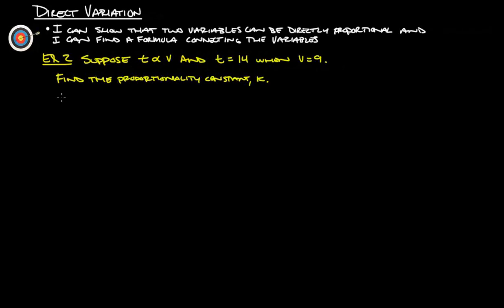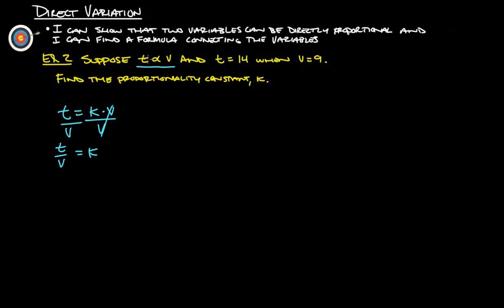Let's take a look at example 2. Suppose t varies directly with v and t equals 14 when v equals 9. Find the proportionality constant k. If t varies directly with v, then t equals our proportionality constant k times v. To find k, we divide both sides by v. So for direct variation, the proportionality constant is t over v.